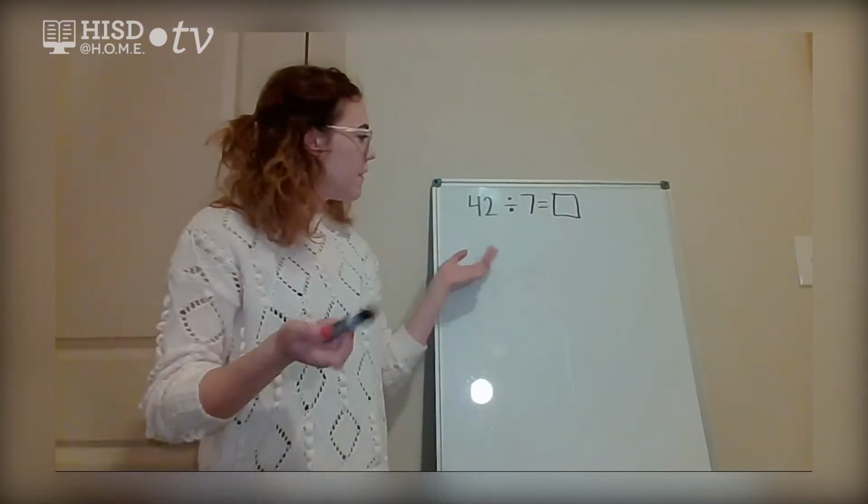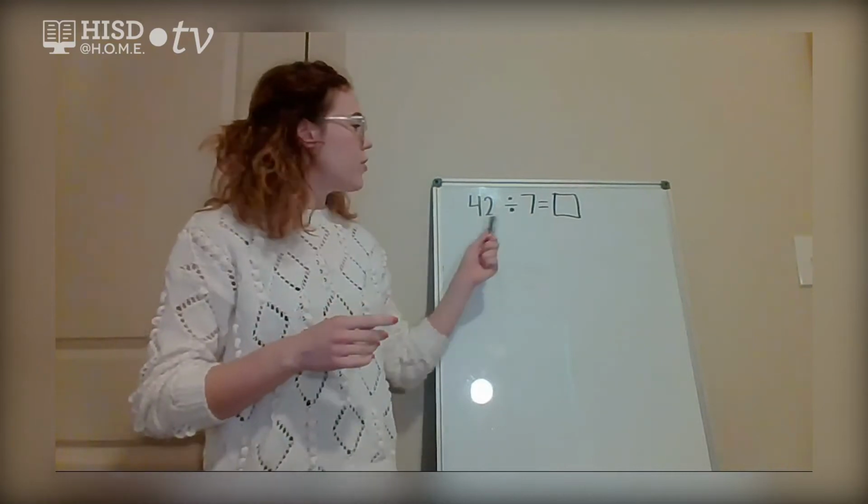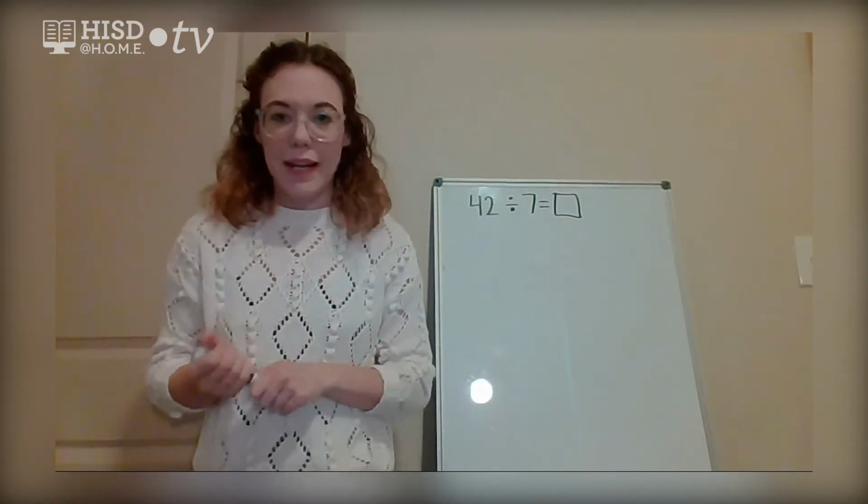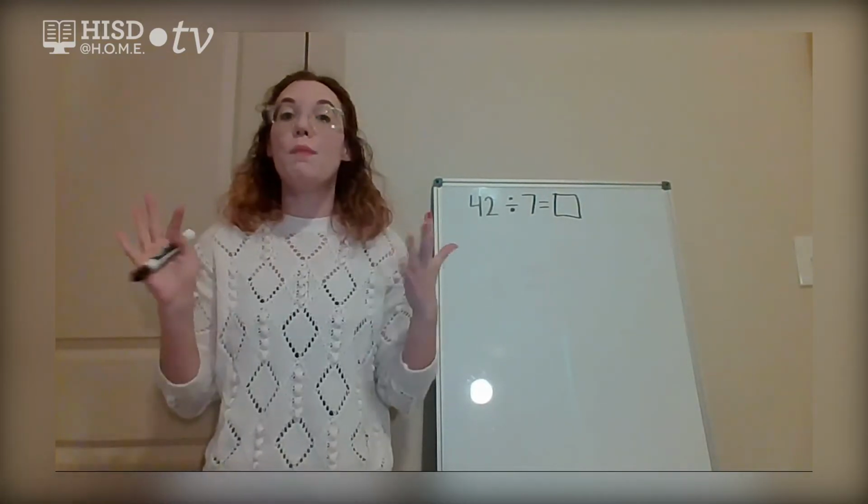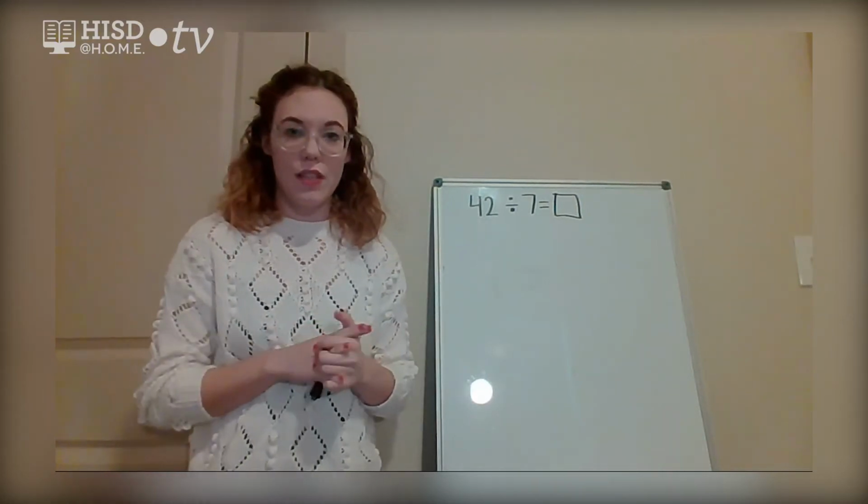Okay, so I've put a division equation right here. 42 divided by 7 equals blank. There's so many different strategies you guys can use for this.